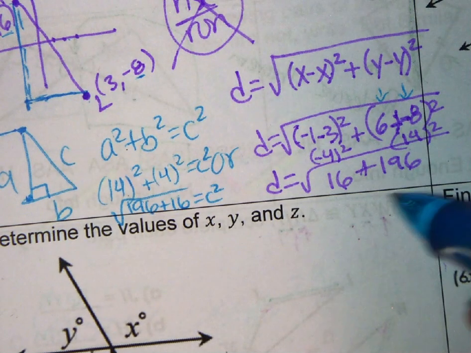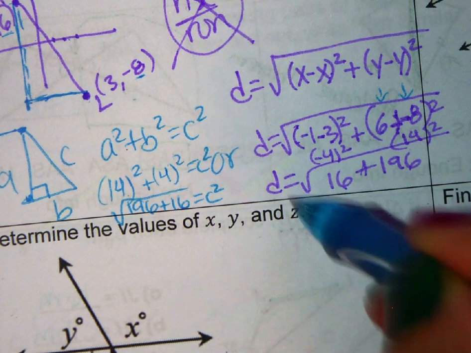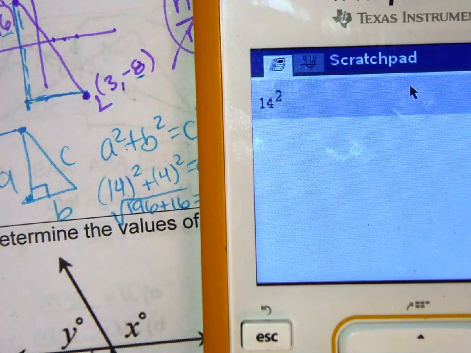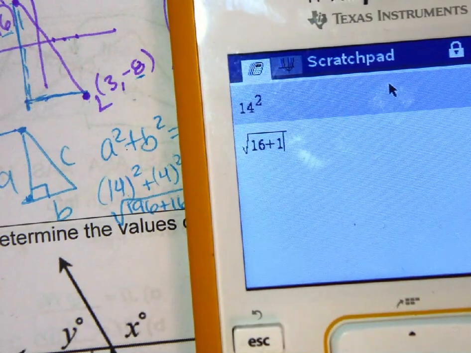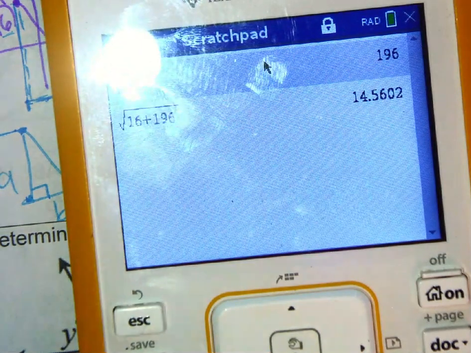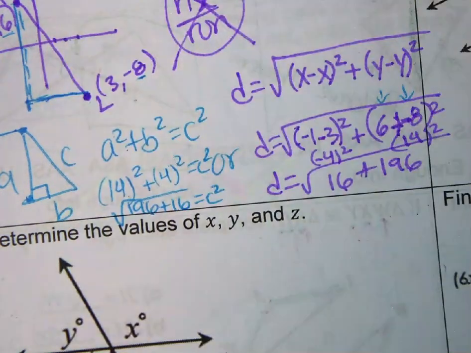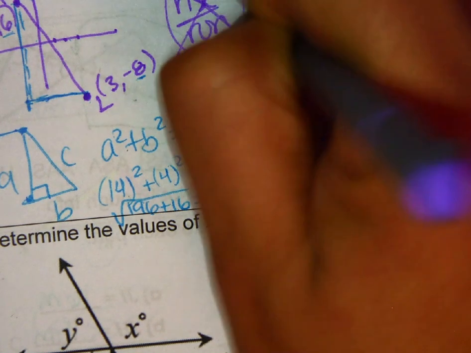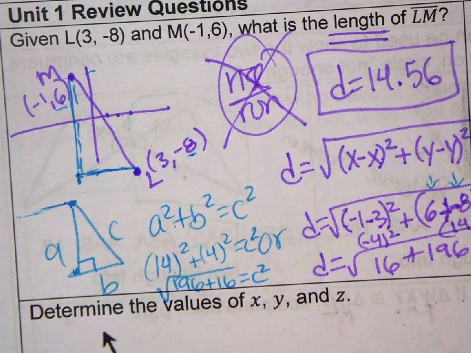Or over here, we just do the square root of that, and it gives you the distance there. It's the same answer. So 16 plus 196 inside of the square root gives you 14.56. So the distance here is 14.56. Just pick a method that you want to do, either the distance formula or the Pythagorean theorem.